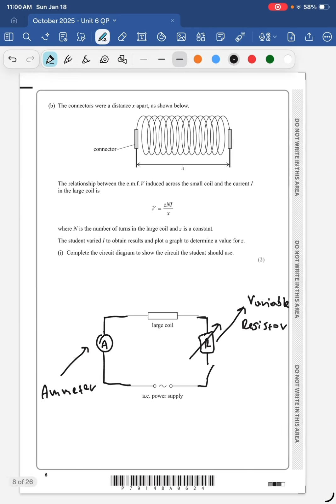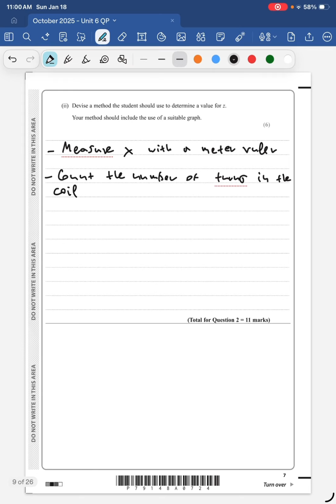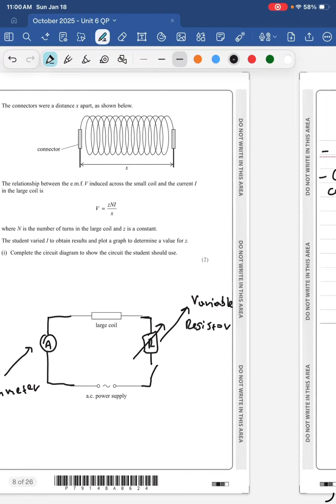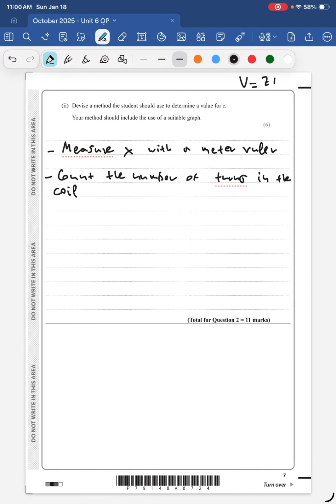Let me transfer the equation over here. So V is Z n I over X. So we need X, we need the number of turns, and now we need I.